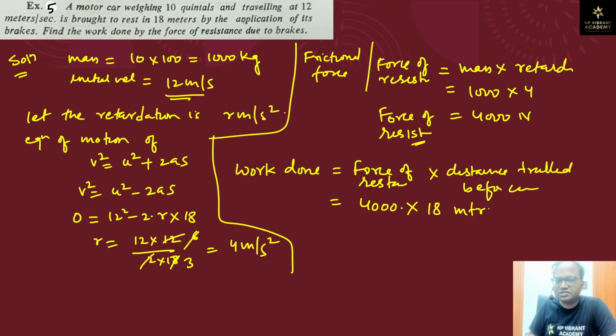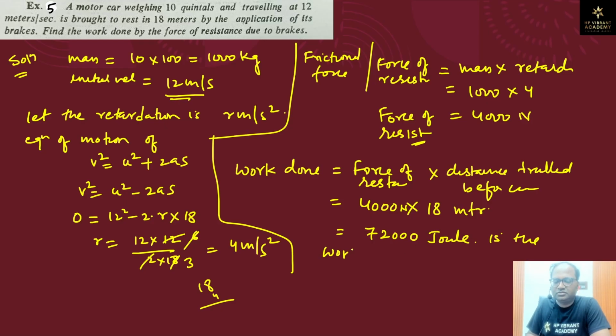The force is in Newton. So we have this as 18 into 4000, which is 72,000 joule, the work done by the force of resistance.